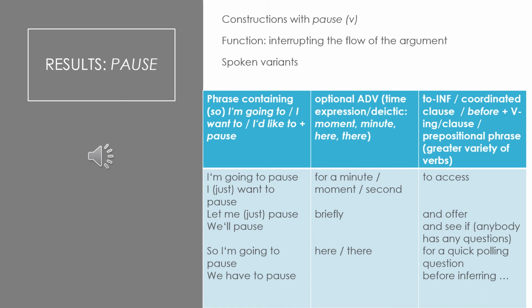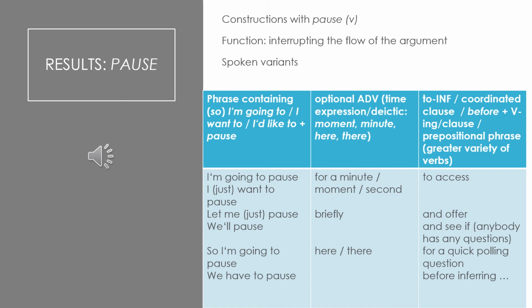Now, interestingly, as opposed to what we've seen with mention, with pause, it's the spoken variants that seem to be more variable, both in the optional adverb slot, where we have time expressions, but also deictics here and there, and in the clause endings, where apart from the infinitive and the coordinated clause, we've also found before plus the ing or a clause or a prepositional phrase.